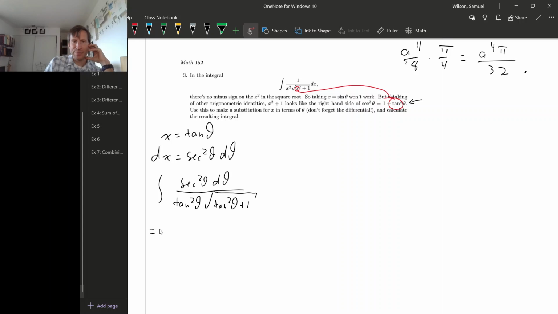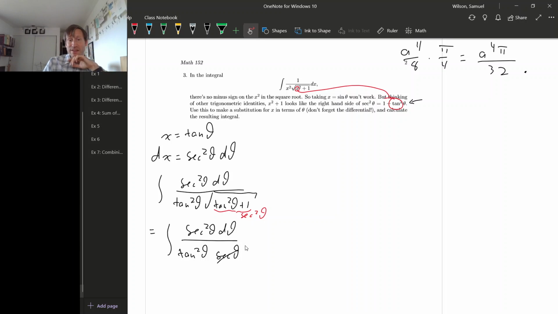Okay. So integral of secant squared theta d theta over tangent squared theta. And then the stuff inside the square root here is secant squared theta, right? That's what this identity up here says. And we're taking the square root of it, so we get just secant theta. Again, modulo some trickiness involving absolute values, but let's go with it.